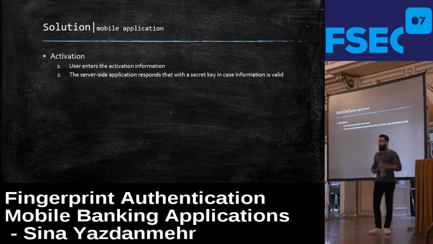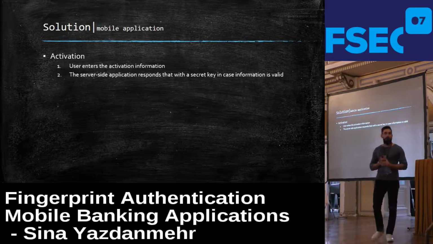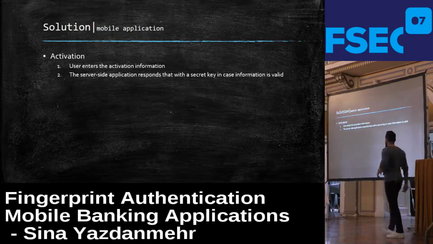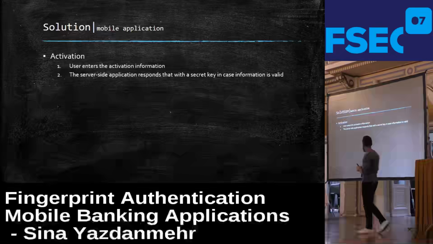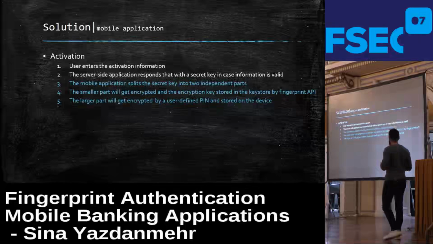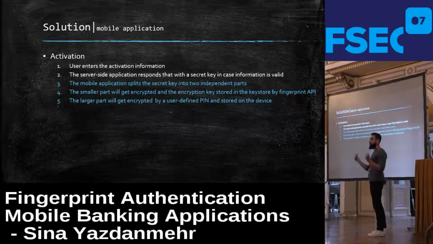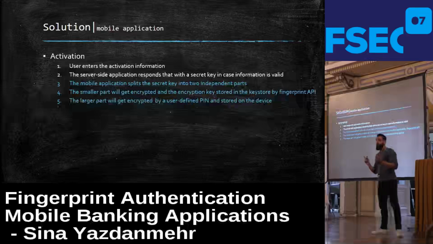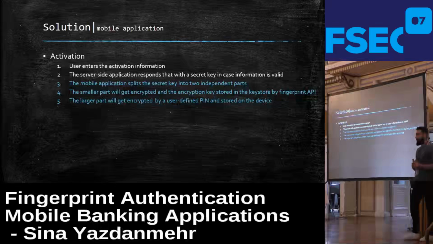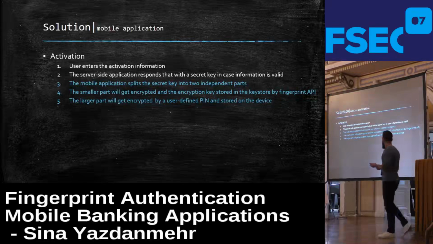Let's again review the steps of using a mobile app. First was activation. The first two steps are the same as in the past. When the application receives the secret key, first split it into two parts. The bigger part will be used for PIN code authentication, and the application asks the user to enter a PIN.